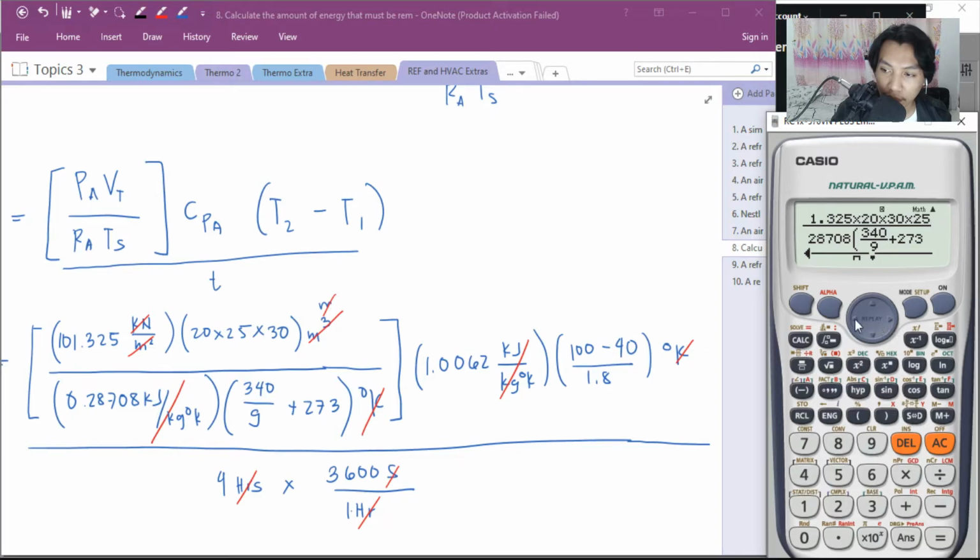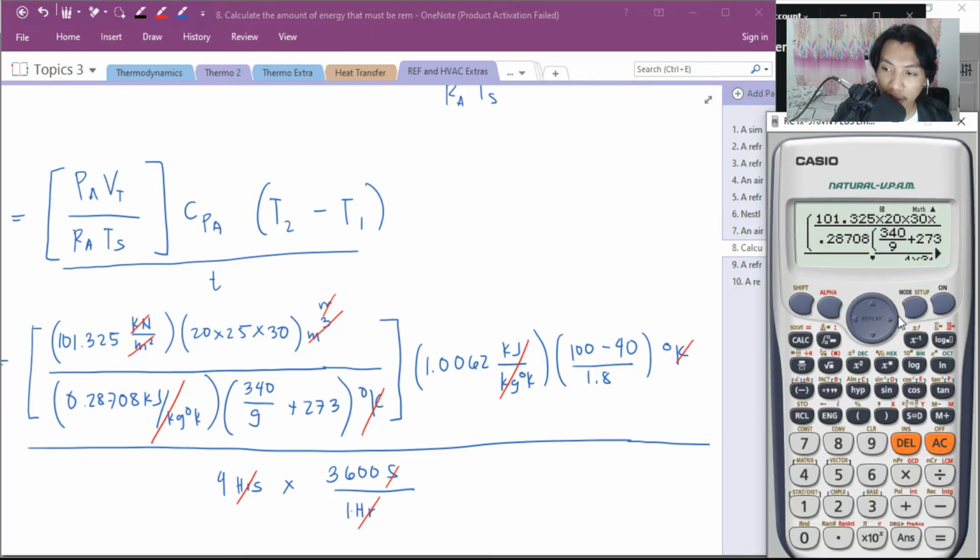Okay. Times 1.0062 times 100 minus 40, I think 60, divide by 1.8. And then all in all, we divide it with 4 times 3.6. Ngayon ang lalabas diyan kilowatts pa lang 'yan, ha.